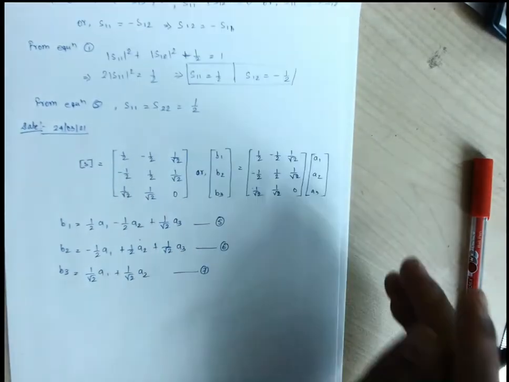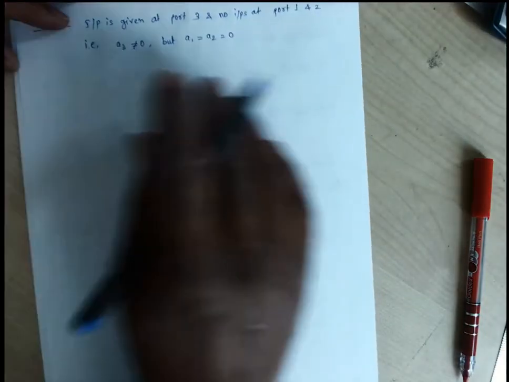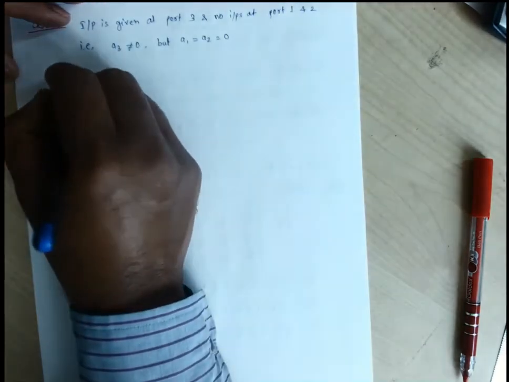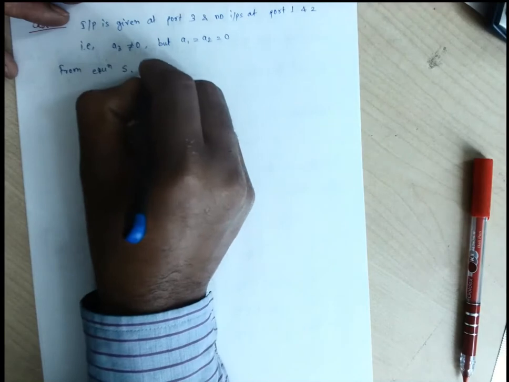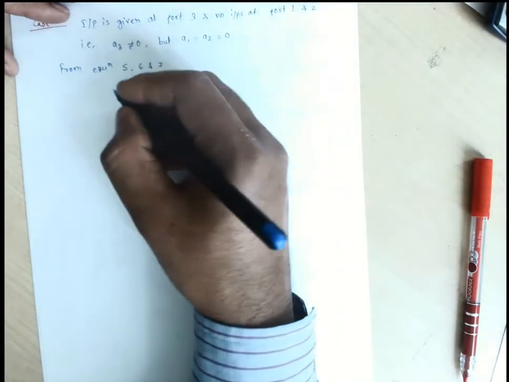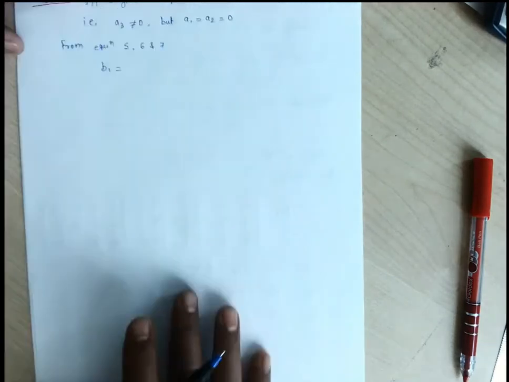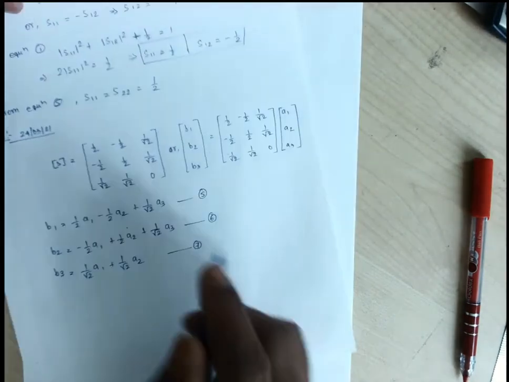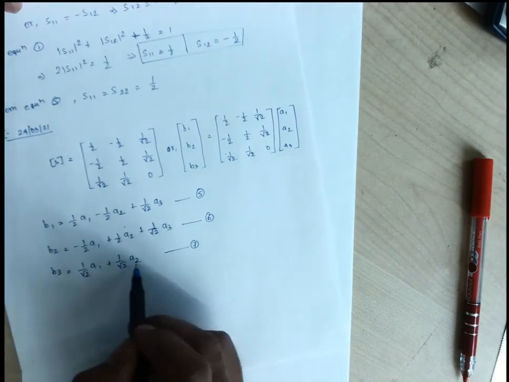So what will be the reflected signal? We can find out from equations 5, 6, 7 by putting A1 and A2 equal to 0. So from equations 5, 6 and 7 we have: A1, A2 are completely 0, so B3 is completely 0.